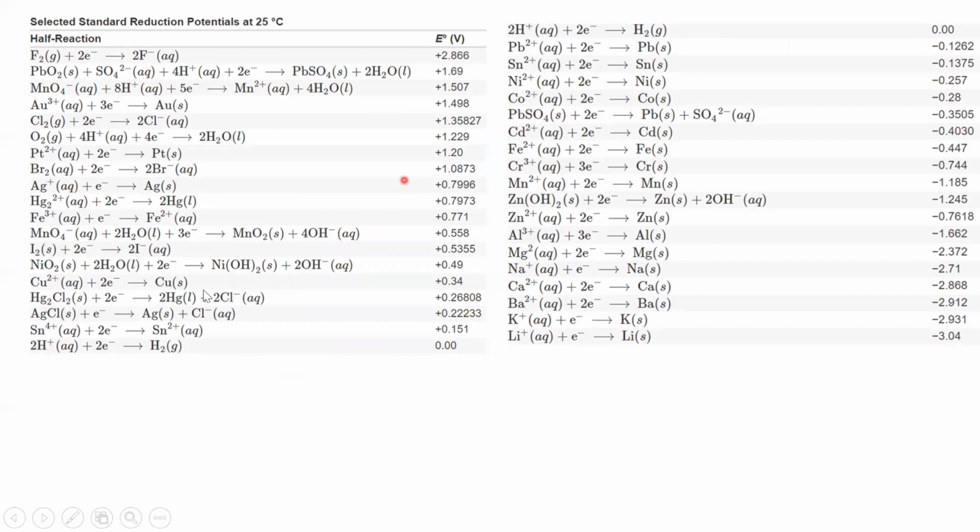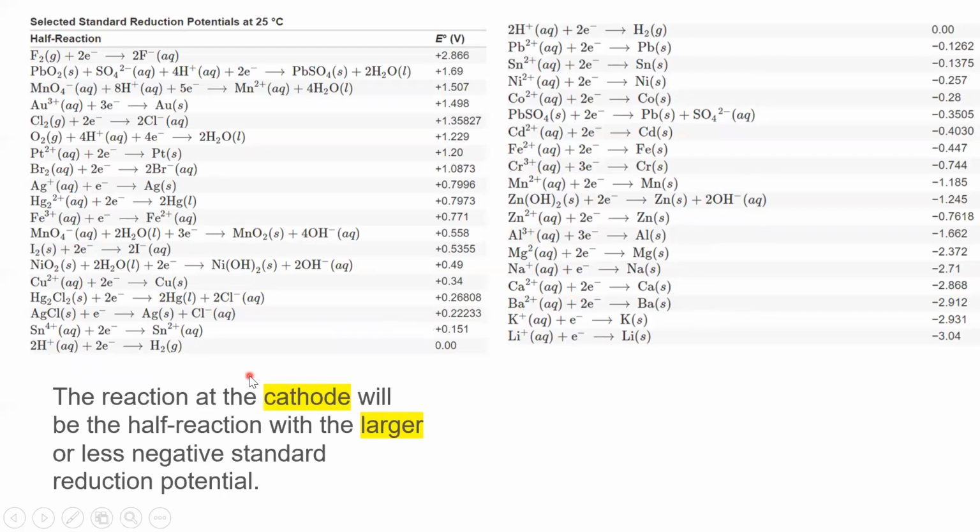Okay, you're going to be given a table. So here's hydrogen relative to any of these half reactions here, or here's hydrogen relative to any of these reactions here. The reaction that takes place at the cathode is the reduction half reaction. And it'll be the reaction with the larger or less negative standard reduction potential.